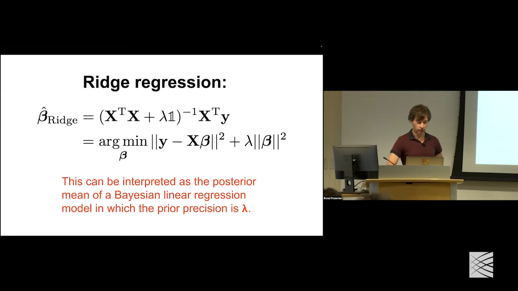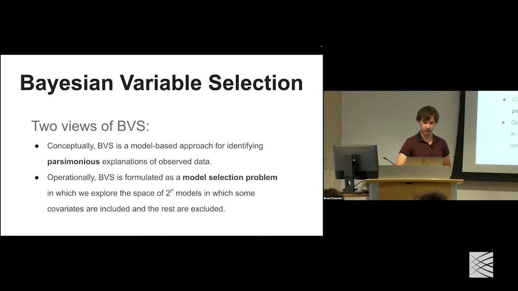Okay, so much for the most basic alternatives. Later on, I'll talk a bit more about other approaches like lasso, but with that very brief introduction, let me actually talk about the thing that we're interested in this talk, which is Bayesian variable selection. So Bayesian variable selection is another approach to doing generalized linear regression in these kind of high dimensional settings.